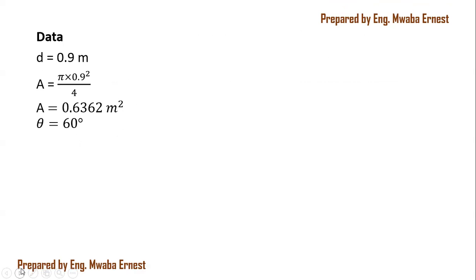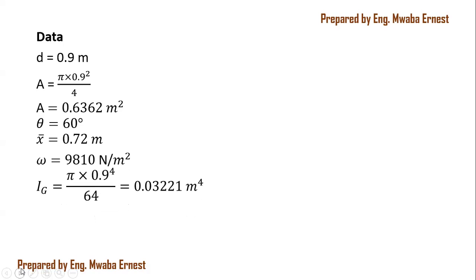Then the angle of inclination is 60 degrees. We already said that the distance from the free surface to the center of gravity of the whole arrangement is 0.72. Specific weight, we're dealing with water, meaning that the specific weight remains 9810 newtons per cubic meter.